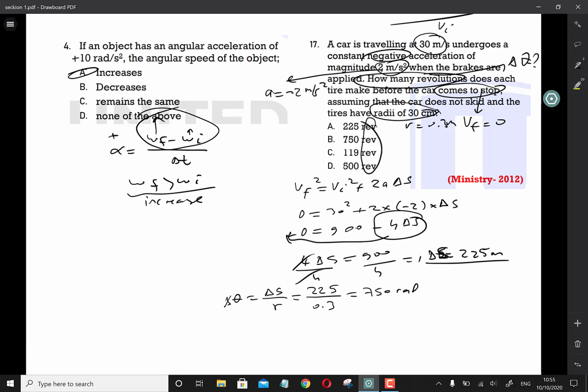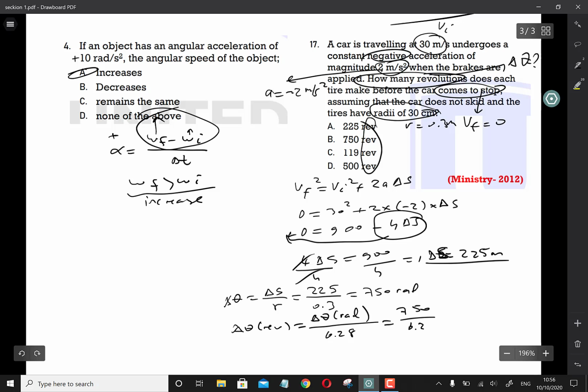We should convert it into revolutions. Angular displacement in revolutions is equal to angular displacement in radians divided by 6.28. So 750 radians divided by 6.28 is 119 revolutions. Choice C is the correct answer for this question.